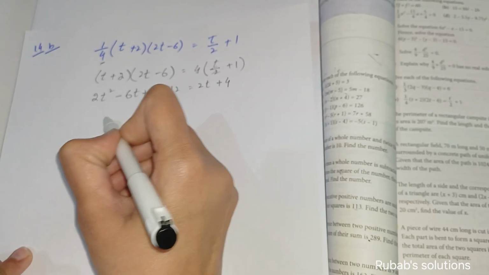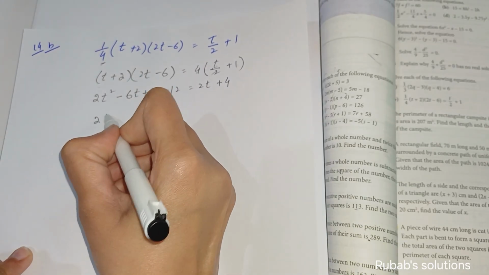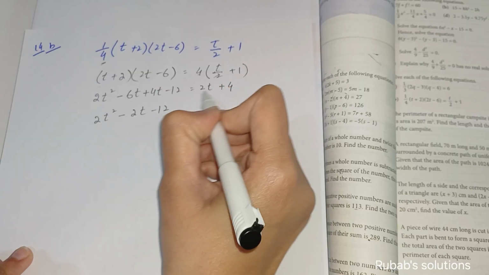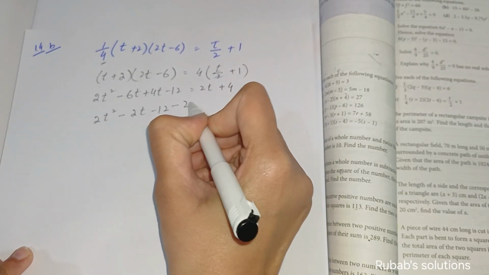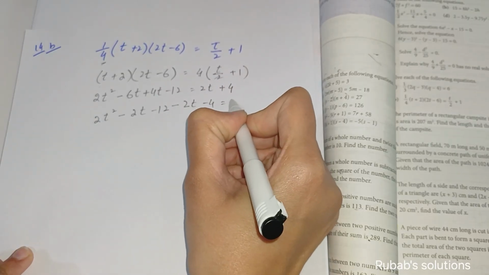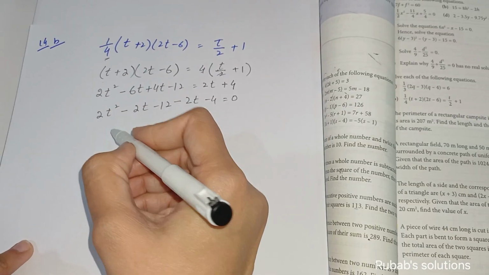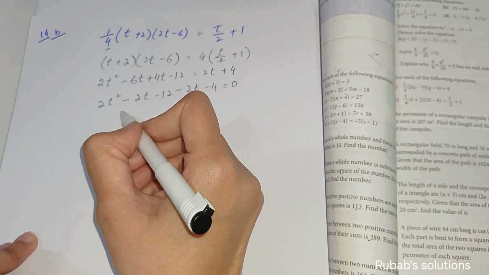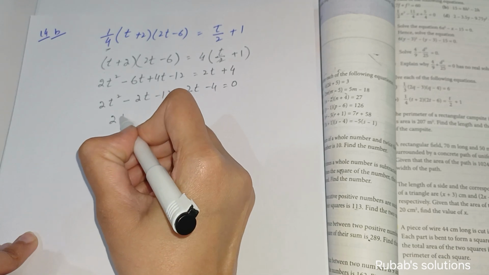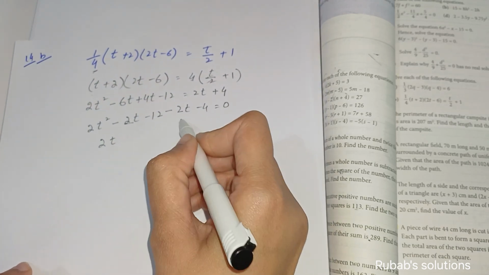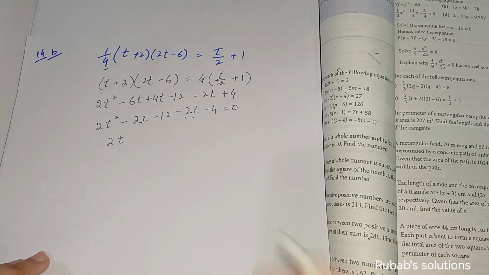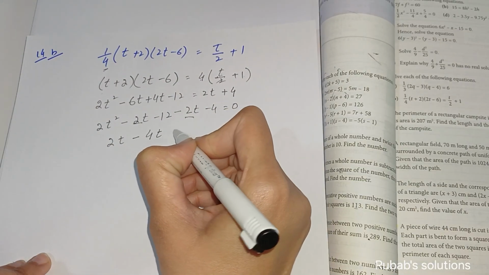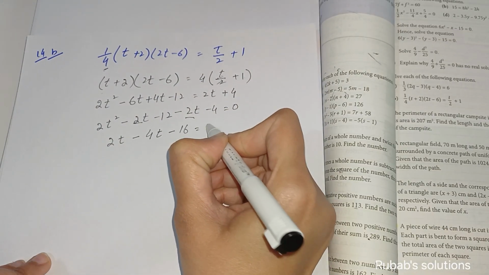So from here it is 2t square minus 2t minus 12, and when I shift this to the other side it will become minus 2t minus 4 is equal to 0. So from here I will get 2t square minus 4t minus 16 is equal to 0.